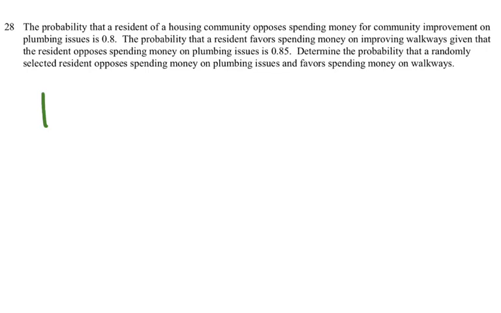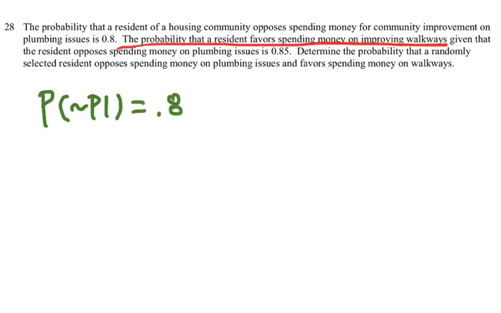Now, let's look at number 28. So here the probability that a resident of a housing community opposed to spending money for community improvement on plumbing issues, 0.8. Now I can write that up as probability of not PL, for plumbing, let us say, that's equal to 0.8.